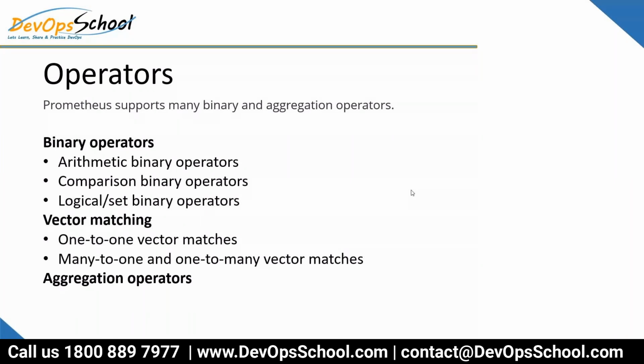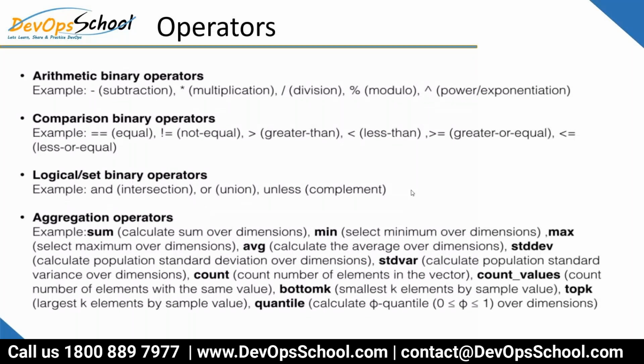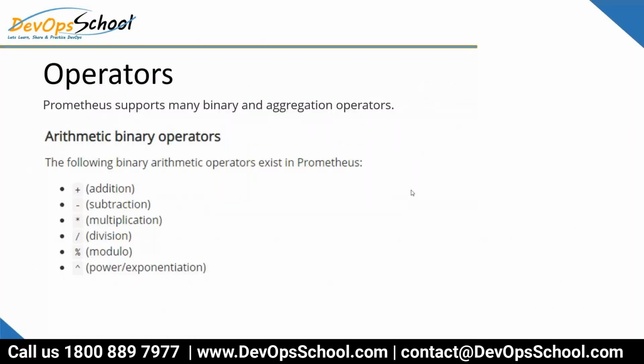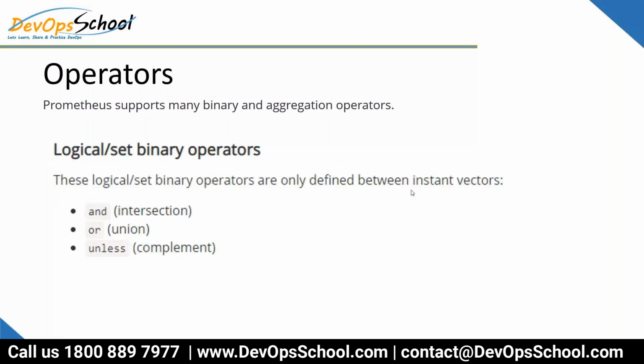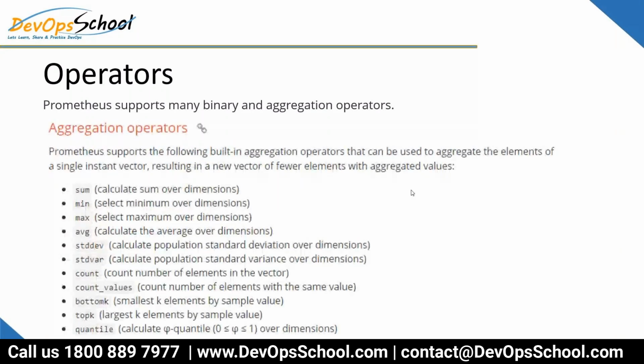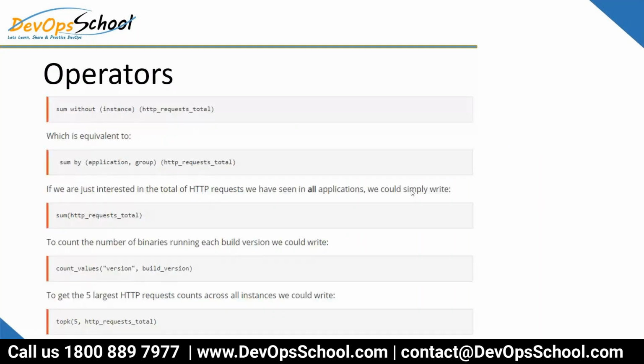These are some examples of operators you can use in the expression. See, plus, minus, equal to, not equal to, greater than, logical also. And these are the aggregate functions: sum, min, max. You can use these. So these are some of the use cases of operators you see here.